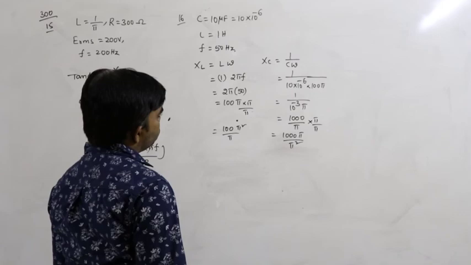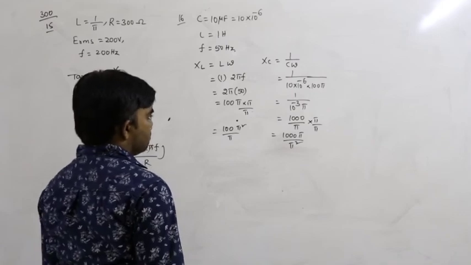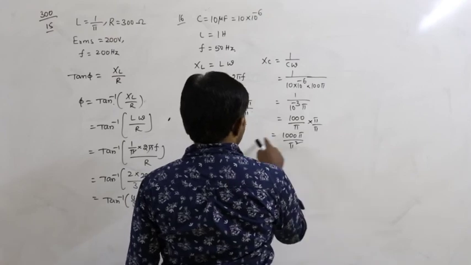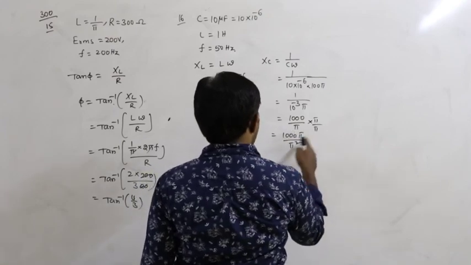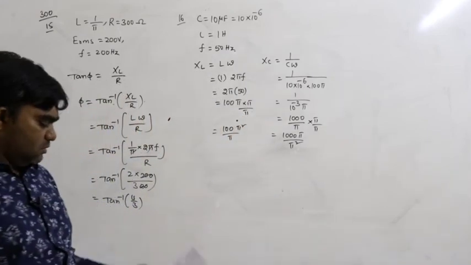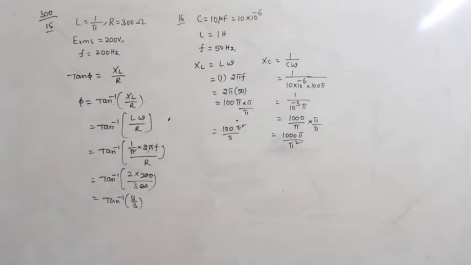With pi square as 10, this becomes 1000 by pi and 100 pi. We get the same thing. But let us check the options.